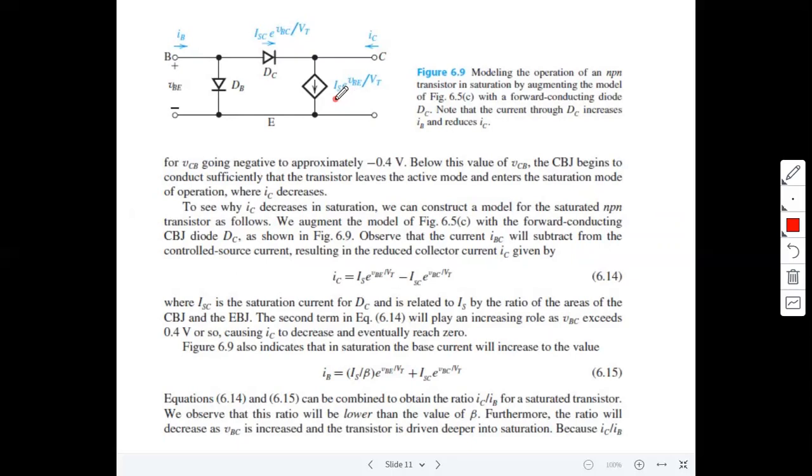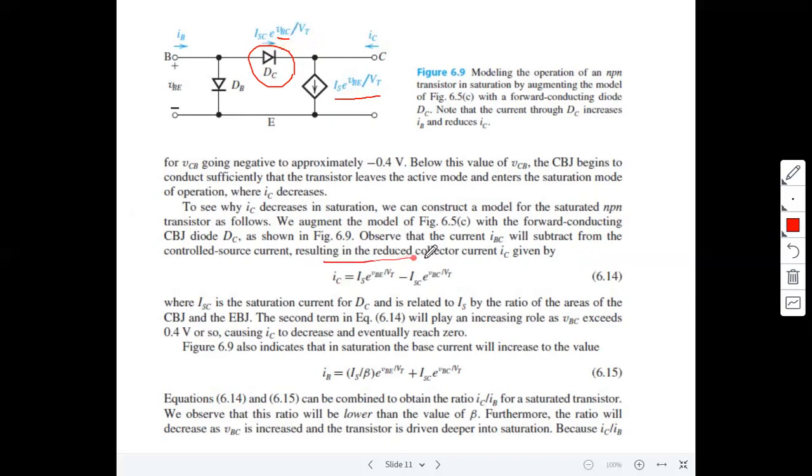Collector current expression is IS e power VBE by VT. Observe here, this diode is in forward bias. This base to collector junction voltage is VBC. What about this current? This current is equal to ISC e power VBC by VT.